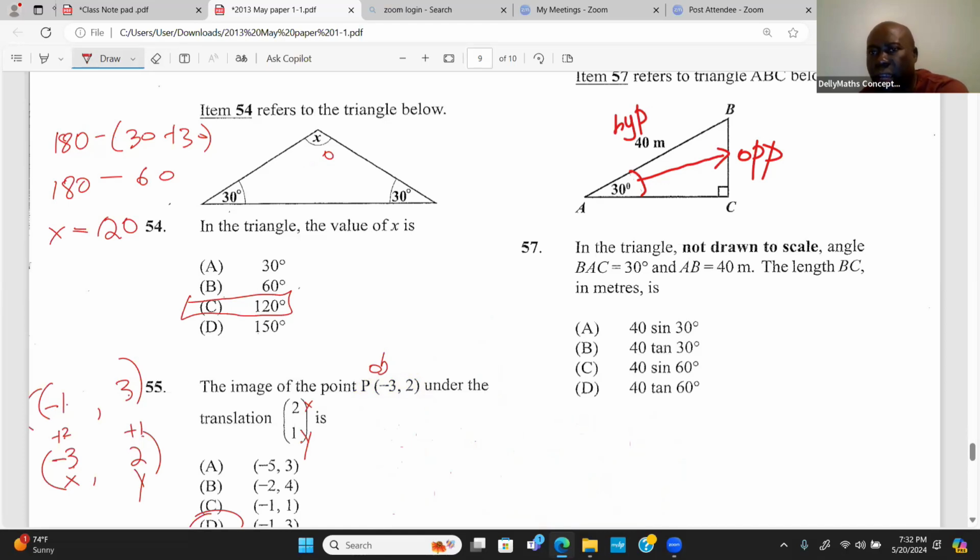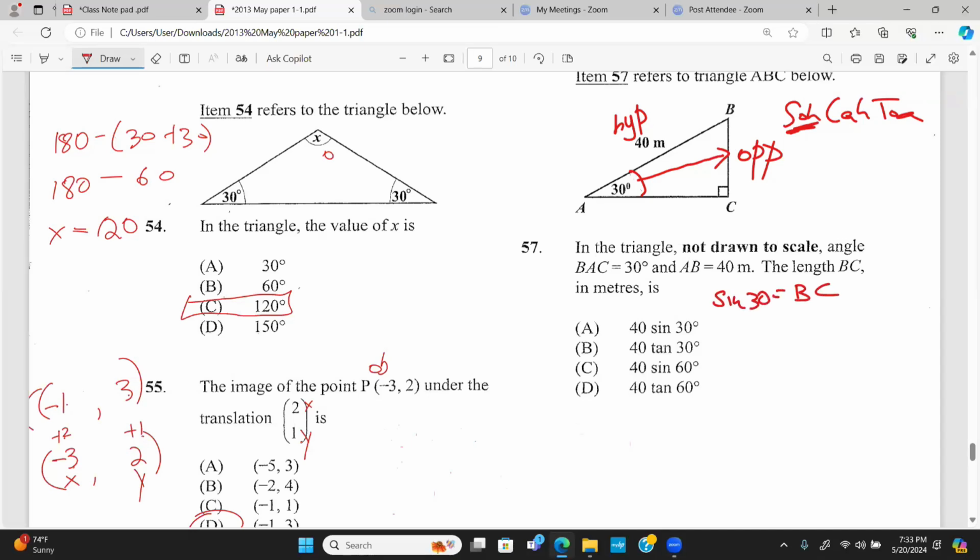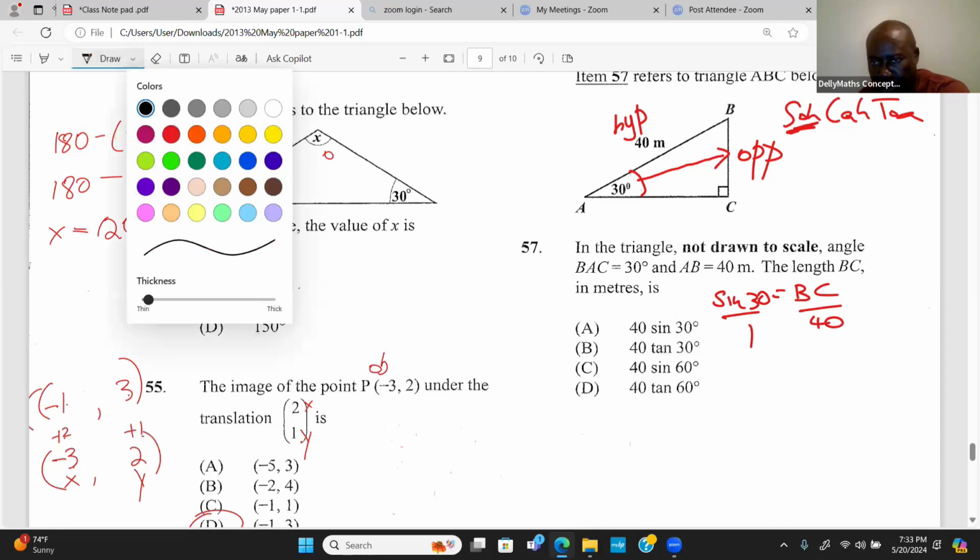So then you're thinking about SOHCAHTOA. Why? Because it's a right angle triangle. And opposite and hypotenuse is sine. So to find BC, you're going to say the sine of 30 is BC over 40. And then from this, if you love to use cross multiplication, you could do your thing.